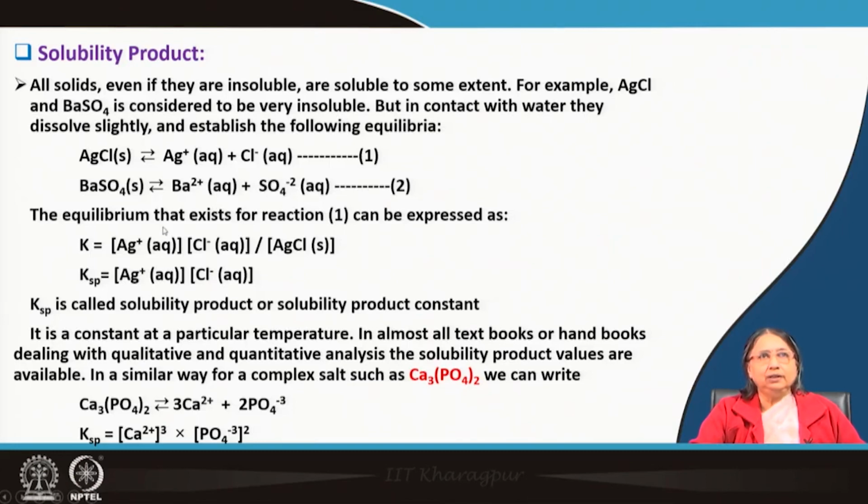Now, we already know how to develop the equilibrium expression. So, for equation 1 we can write that K is equal to silver ion concentration in the aqueous phase into chloride ion concentration in the aqueous phase, divided by the concentration of silver chloride in the solid phase.